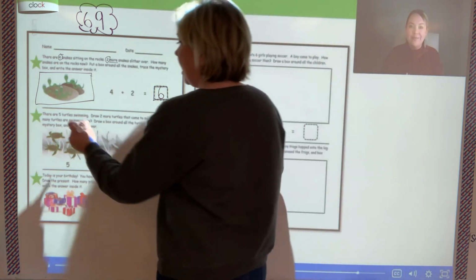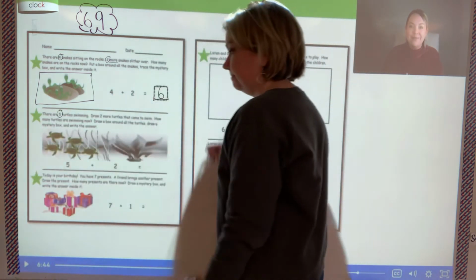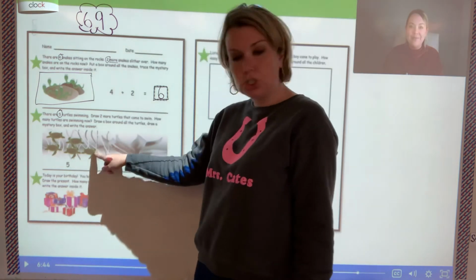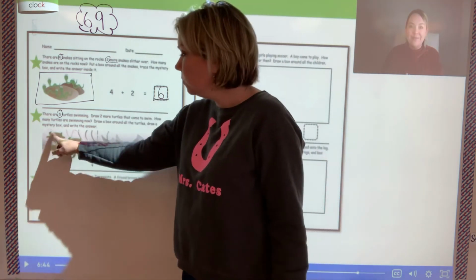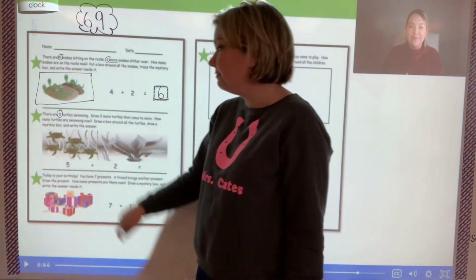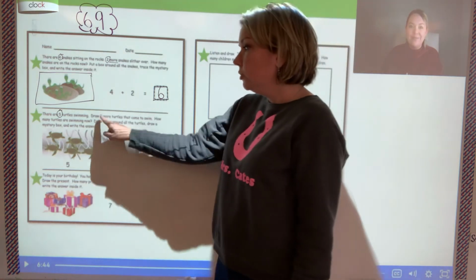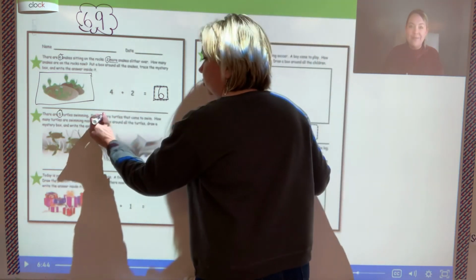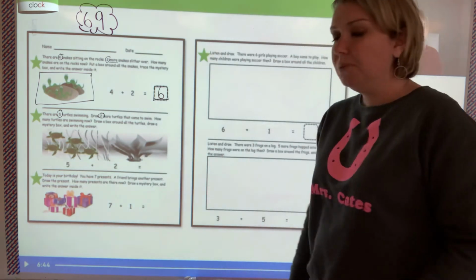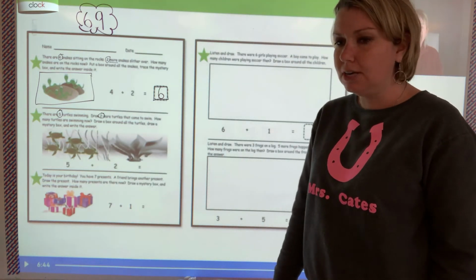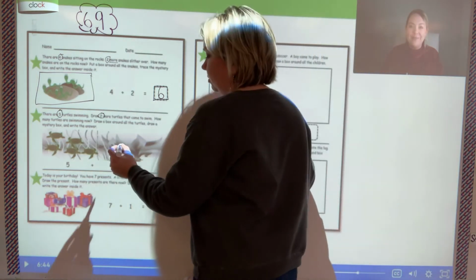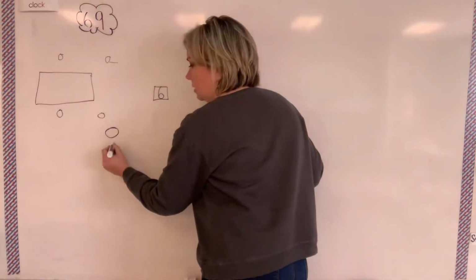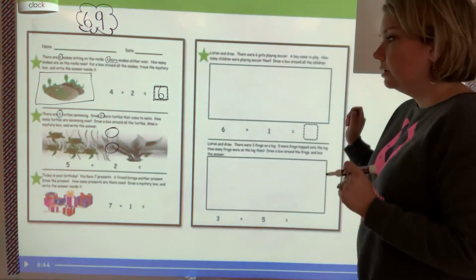There are 5 turtles swimming. Are there 5 turtles in my picture? Let's see. 1, 2, 3, 4, 5. Yep. Draw 2 more turtles. Well, I don't know about you, I'm not so great at drawing turtles, so I'm going to draw circles. 1, 2.